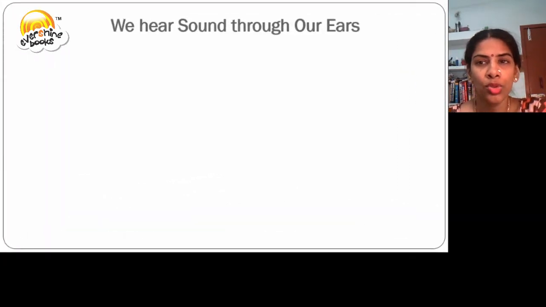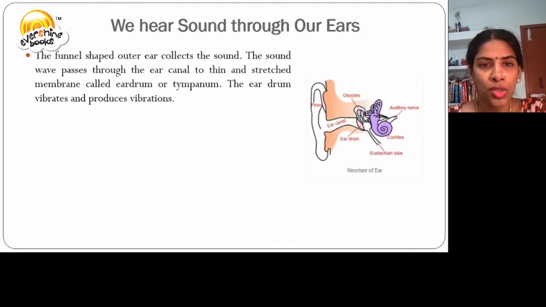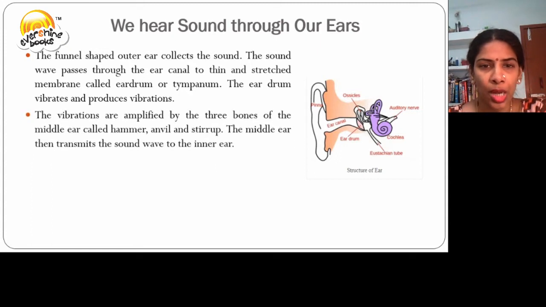We hear sound through our ears. The funnel-shaped outer ear collects the sound. The sound waves pass through the ear canal to a thin stretched membrane called the eardrum or tympanum. The eardrum vibrates and produces vibration. The vibrations are amplified by the three bones of the middle ear called hammer, anvil, and stirrup.